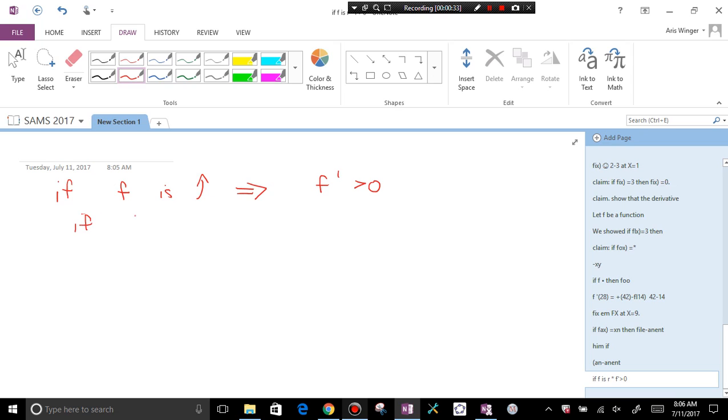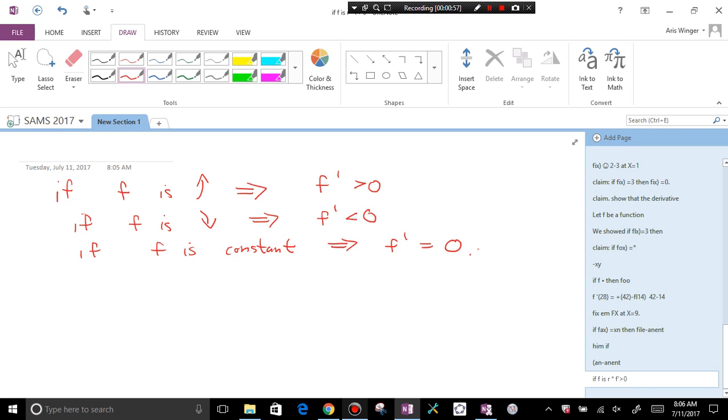If f is decreasing, then f prime is negative. And we also said that if f is constant, then the derivative is 0, right? We actually showed all three of those things.